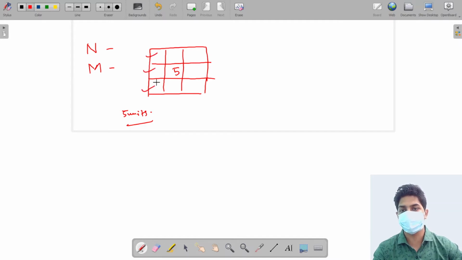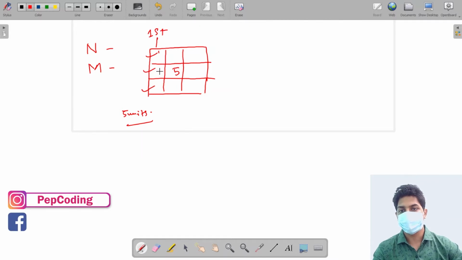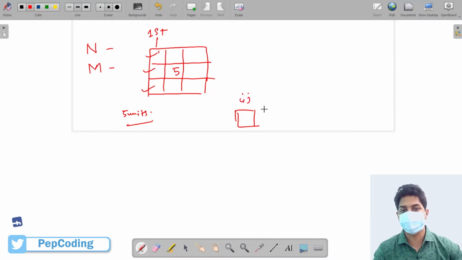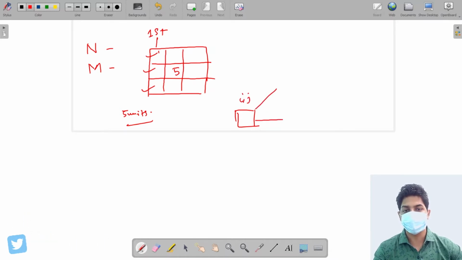What I mean by this is that we can start from any cell in the first column. And if we are at a particular cell i comma j, then we can move only in three directions.